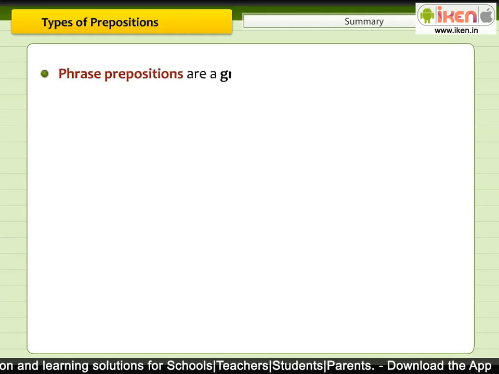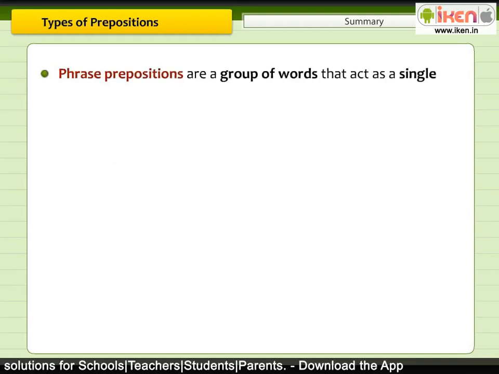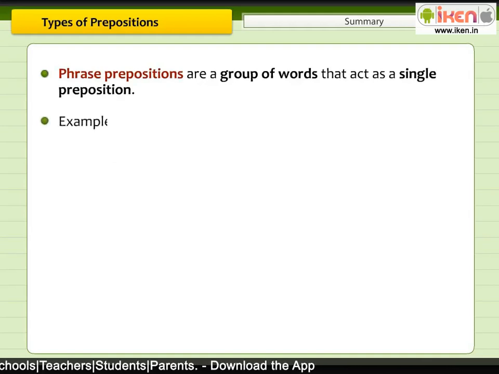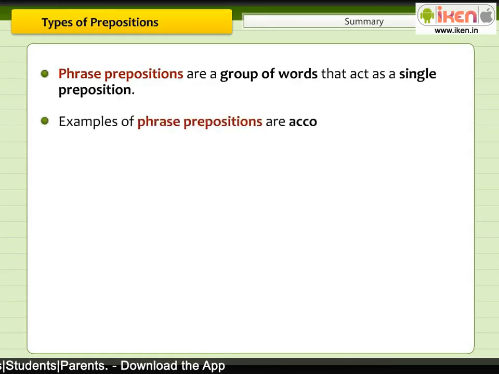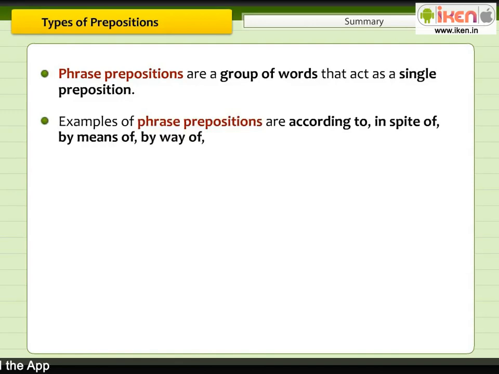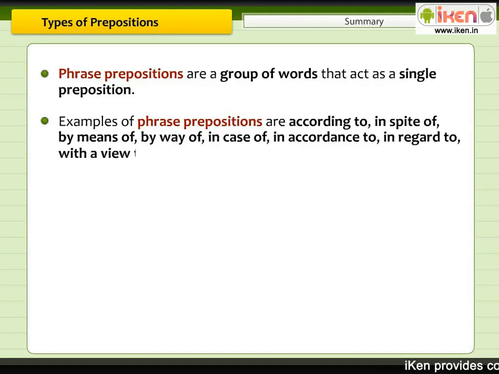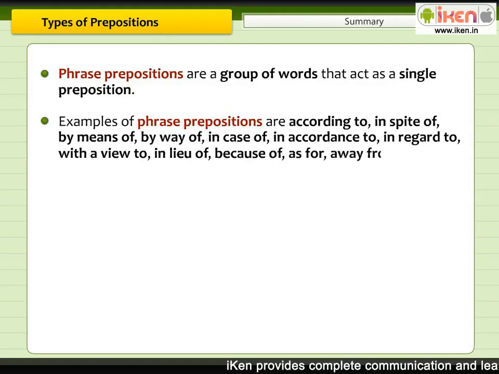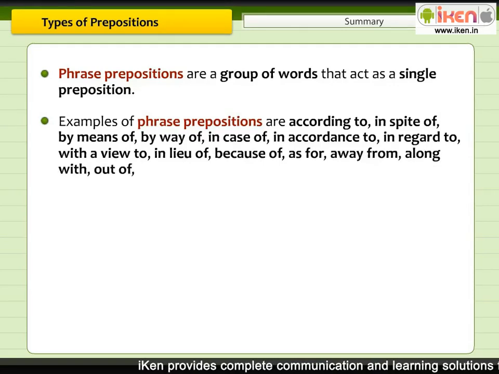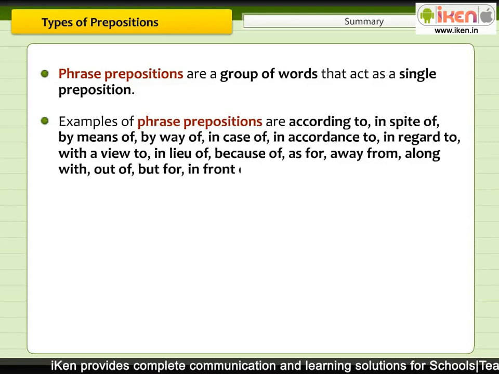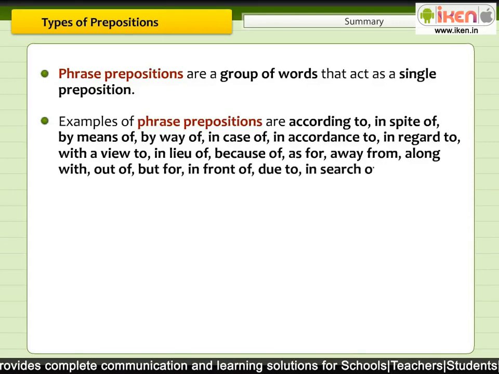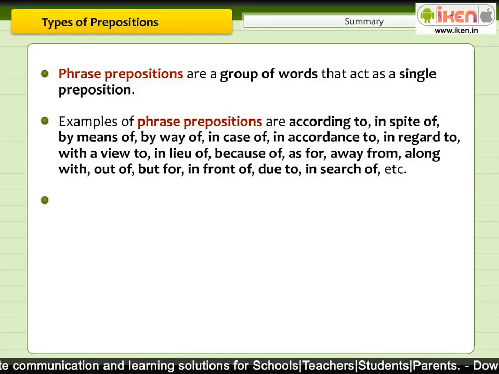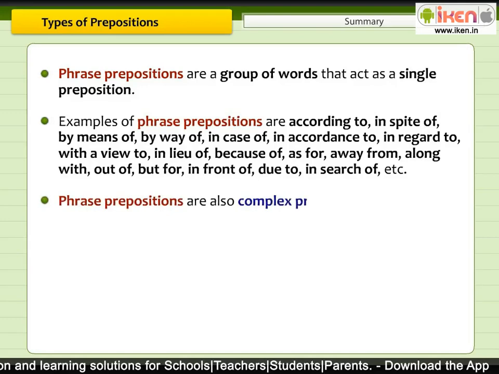Phrase prepositions are a group of words that act as a single preposition. Examples of phrase prepositions are according to, in spite of, by means of, by way of, in case of, in accordance to, in regard to, with a view to, in lieu of, because of, as for, away from, along with, out of, but for, in front of, due to, in search of, etc. Phrase prepositions are also complex prepositions.